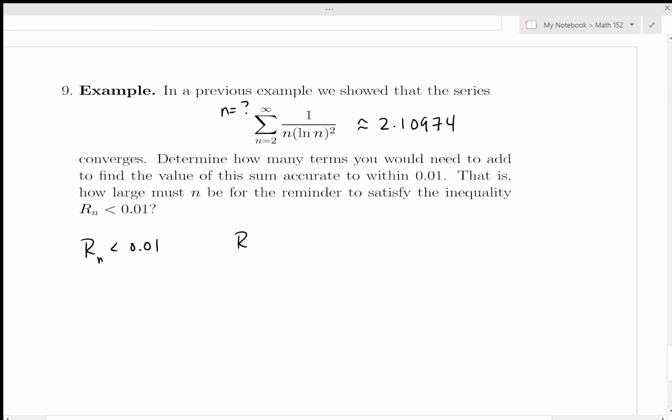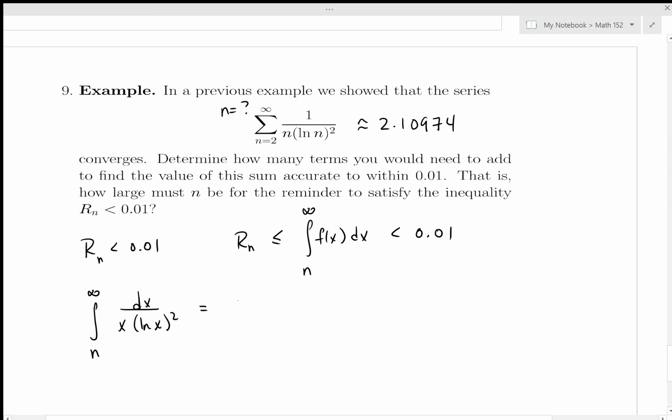Okay, so the remainder is bounded above by the integral from n to infinity of f of x dx, and I want that to be less than 0.01. Okay, so then I take the integral from n to infinity of 1 over x (log x) squared dx, which we already did from before, so I'm just going to write that down.